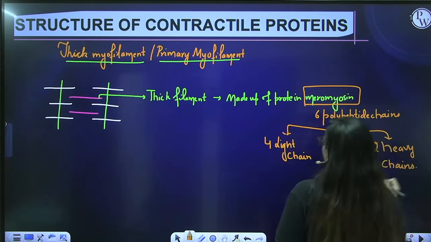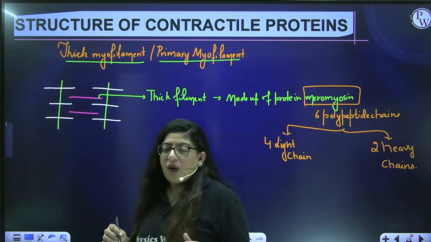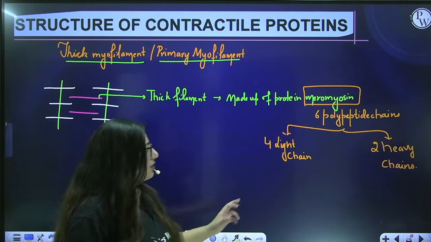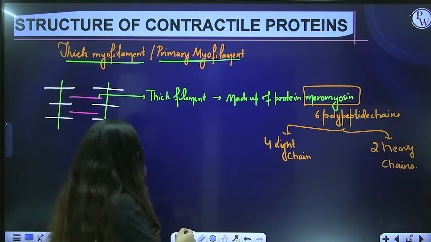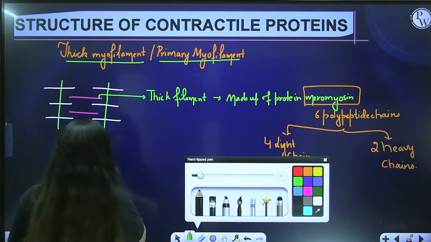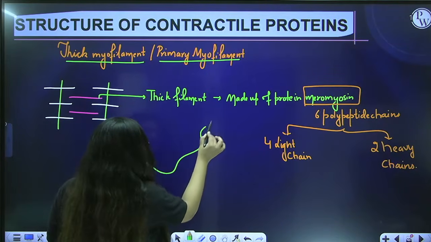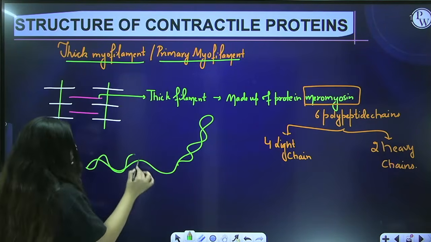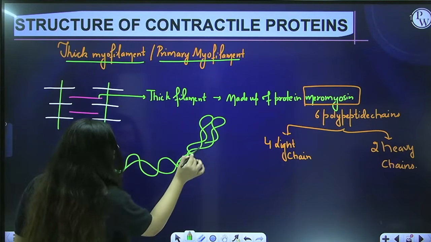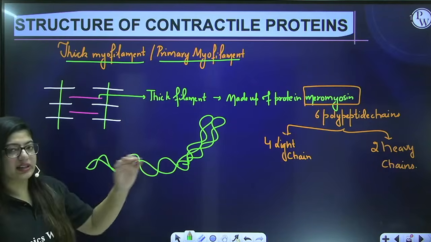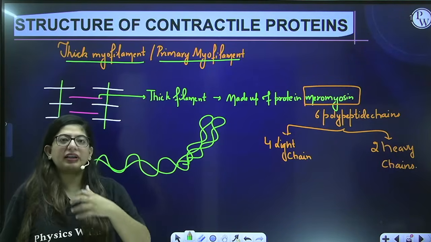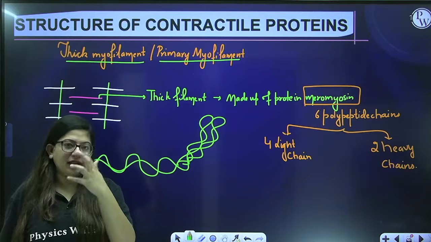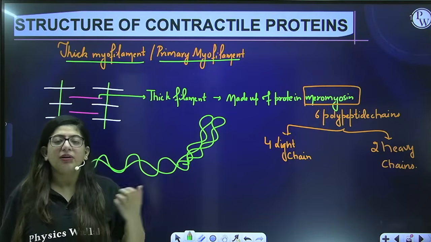Now, as I've told you, one meromyosin is made up of 2 heavy chains. Let's draw it. For example, this is one heavy chain and this is the second heavy chain, like this. These chains basically produce the entire structure of your meromyosin.